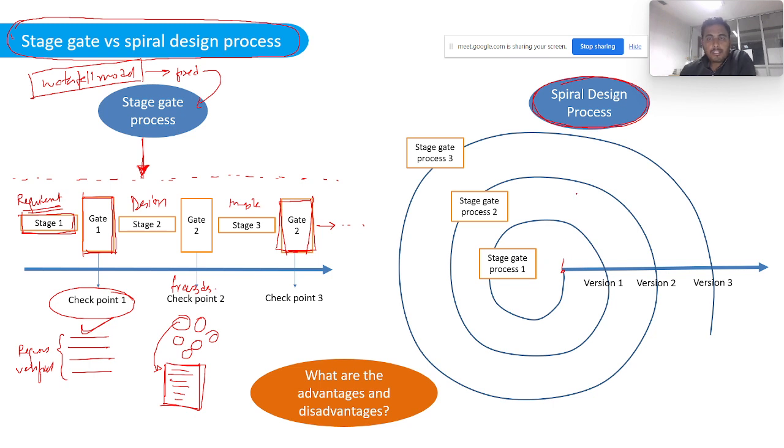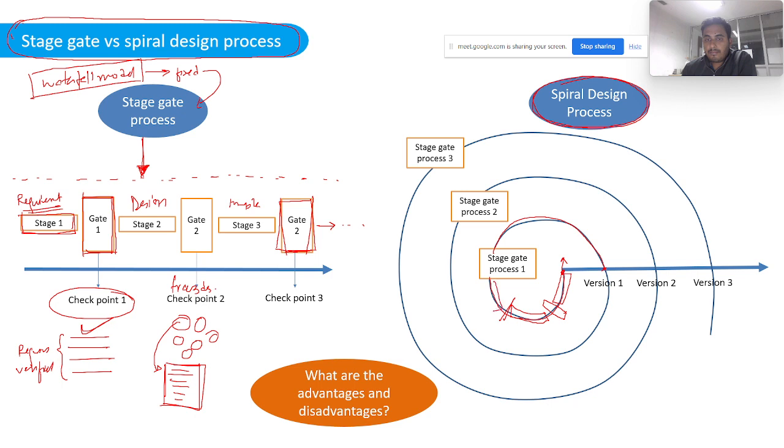So spiral design is basically a version of stage gate, but it is like multiple stage gates. From here to here, this is one particular stage gate process. So basically we used to have stages, then gates, stages, then gates.